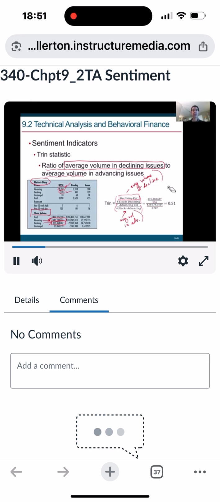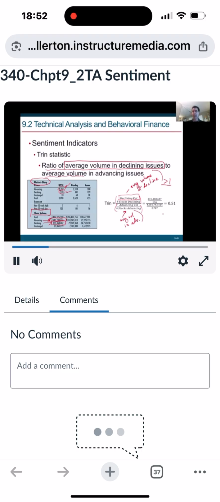If there was more action in the stocks that were going down, then this ratio will be greater than 1. What does that mean? That means the volume, the action, was happening in the stocks that were going down. That's a pessimistic sign, a bad sign, or a bearish sign. So when the trend statistic is greater than 1, that's a negative sign.